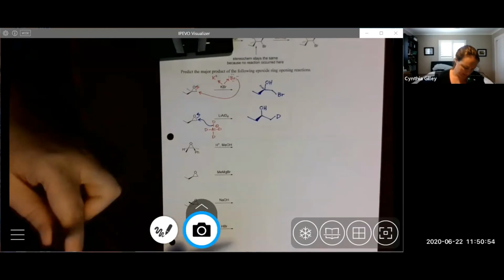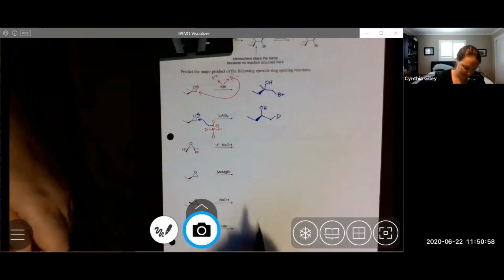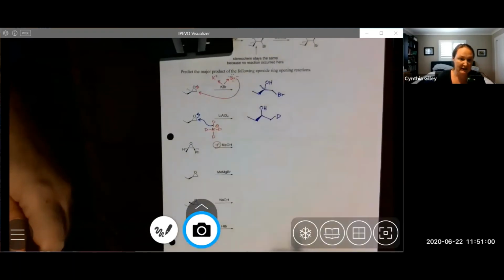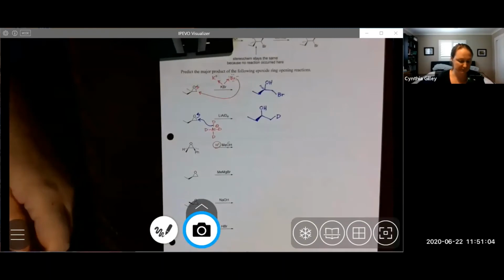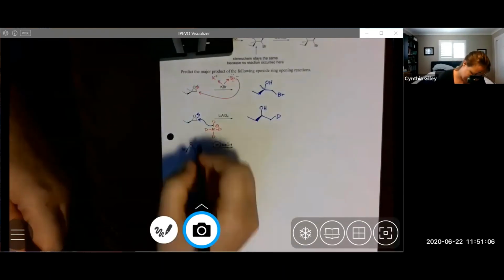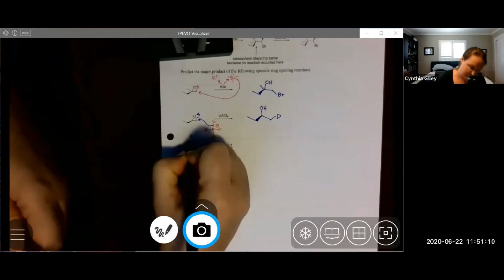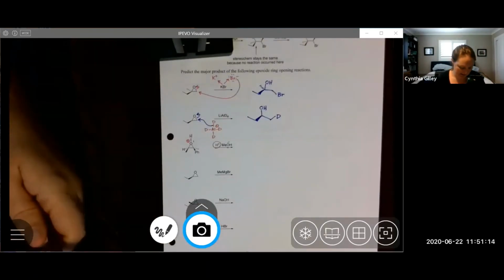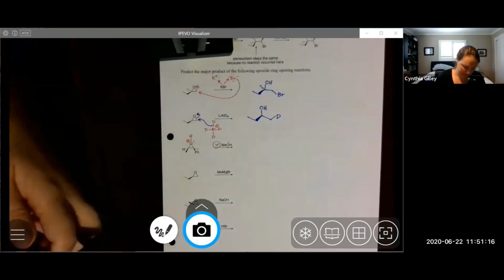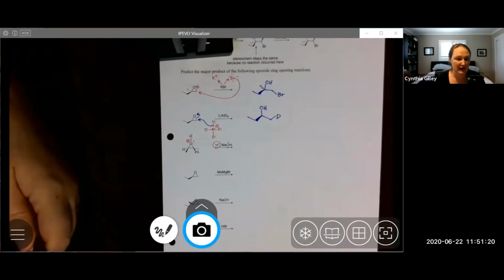Okay, so next we have the acidic conditions. Here we have the acid and then the methanol, where the oxygen of the methanol will be our nucleophile. With the acid, first we get protonation of the epoxide in the first step. And then methanol attacks, and it will definitely attack this carbon because it's the most substituted.